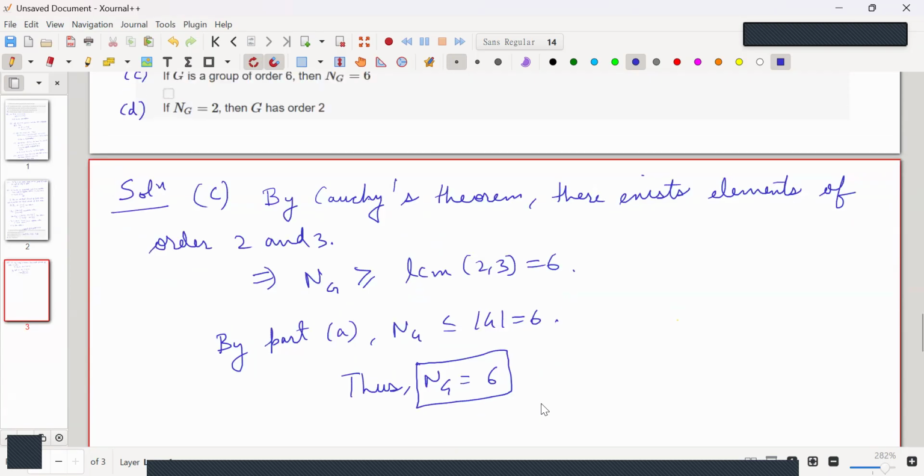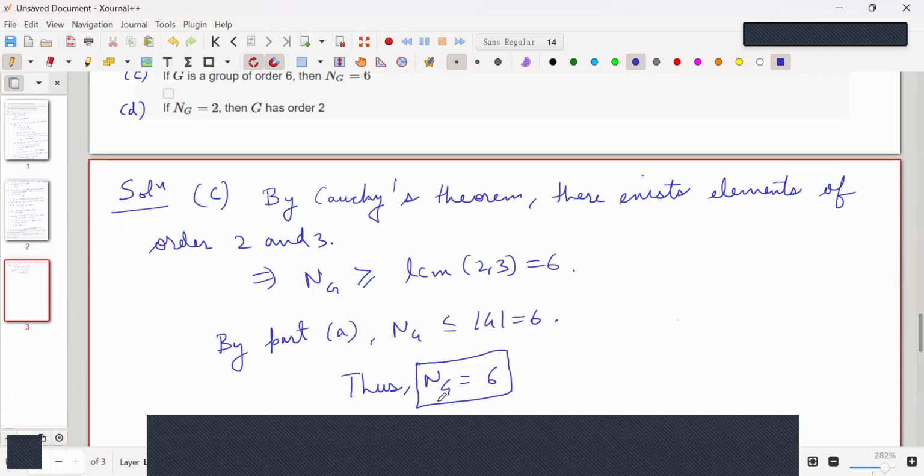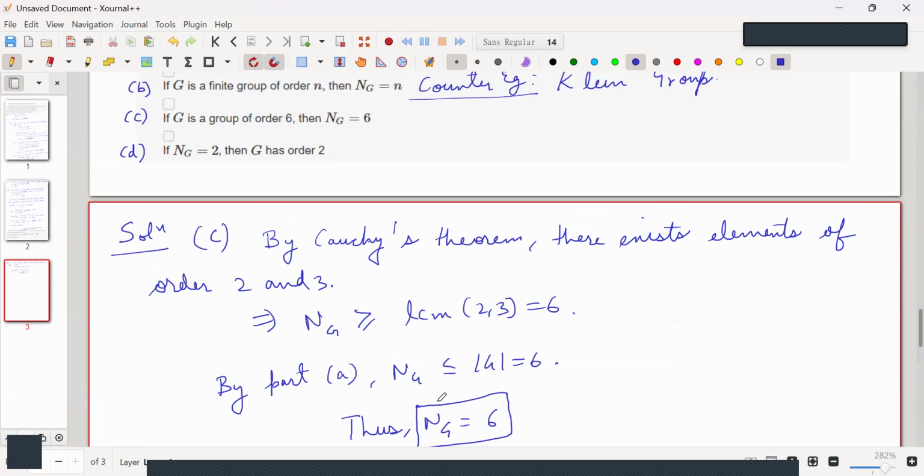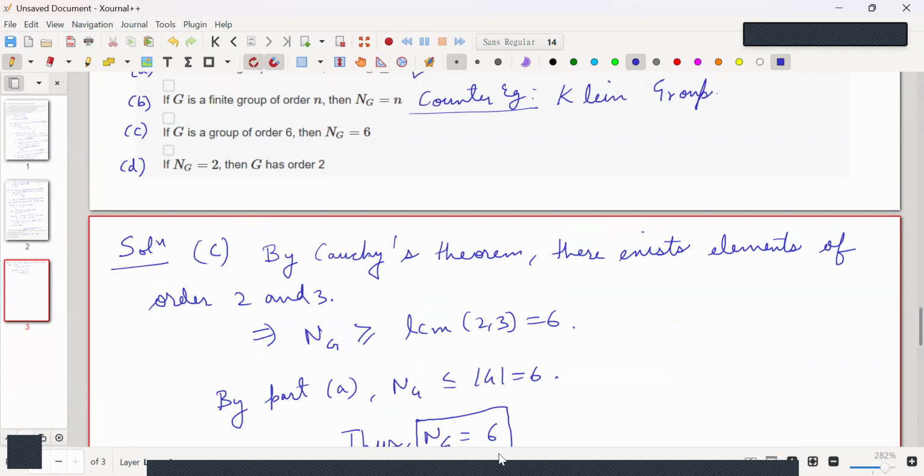Now let's come back to our question. What about the D part? If the order of G is 2, then G has order 2. Again, the Klein group is an example.